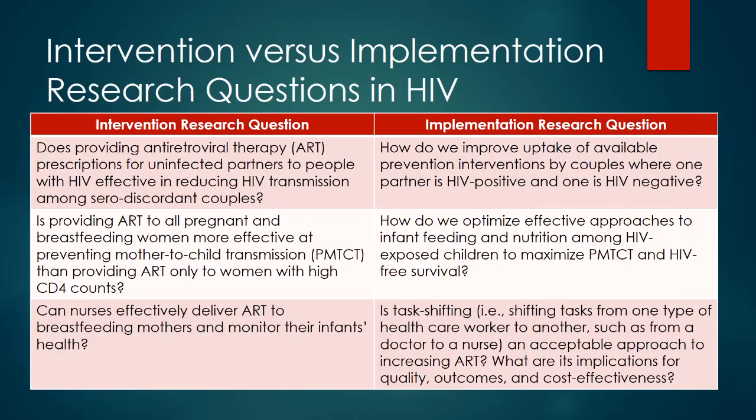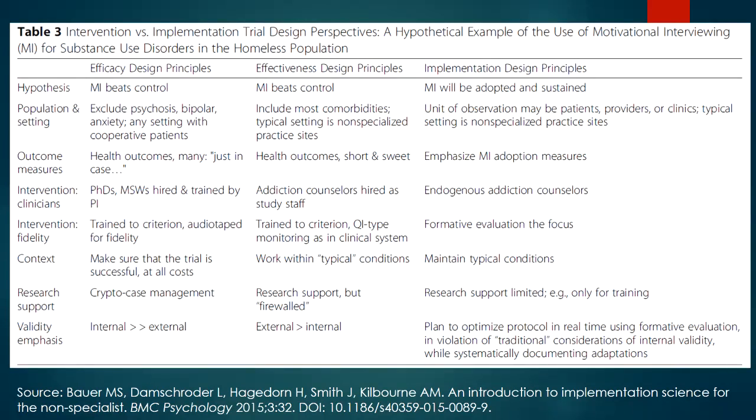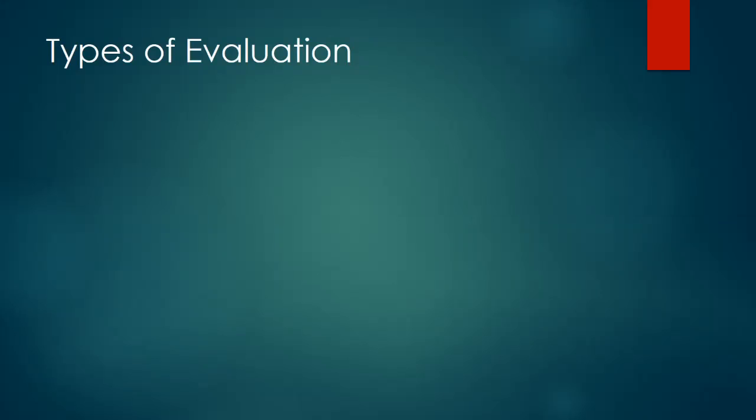The implementation science research question would be, how do we improve uptake of available prevention interventions by couples where they are serodiscordant? This table, also from the Bauer article, shows some more examples of differences between efficacy, effectiveness, and implementation study designs. I won't go through all of them, but this is here for your reference.